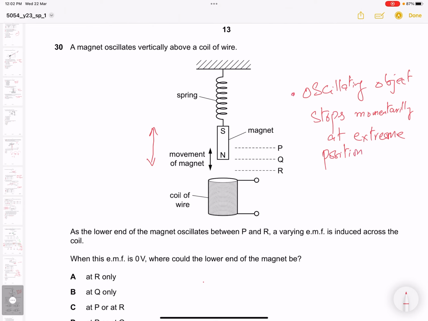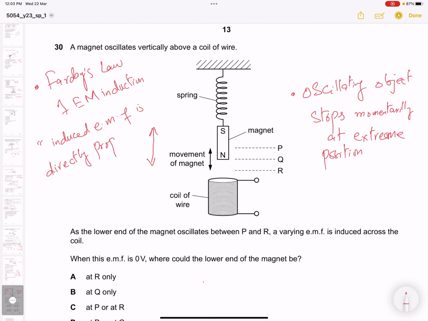And also, from Faraday's law of electromagnetic induction, we know that induced EMF is directly proportional to rate of change of flux.